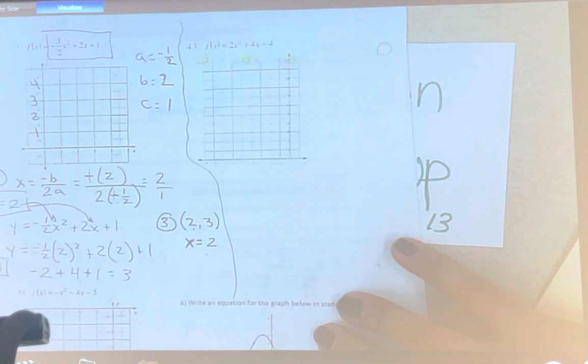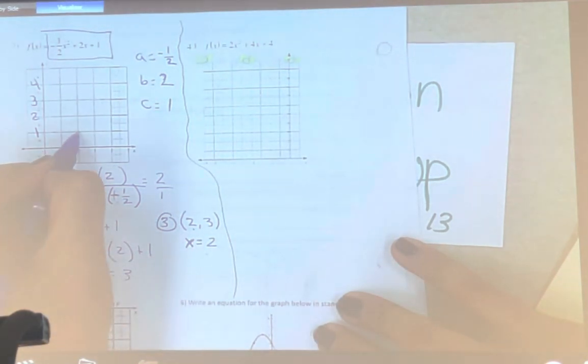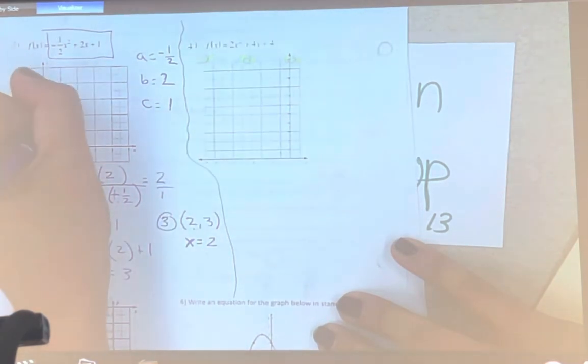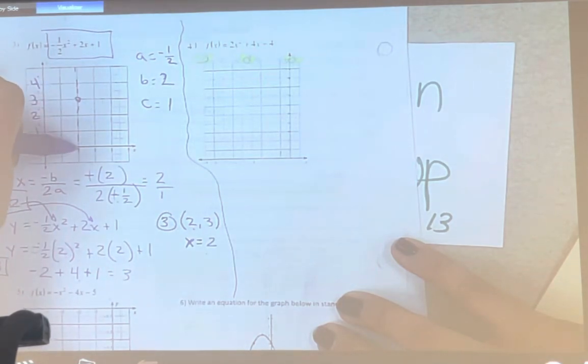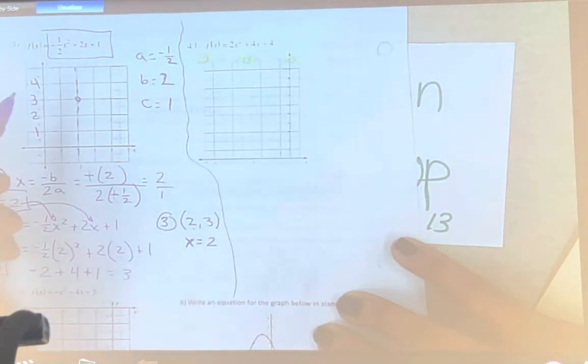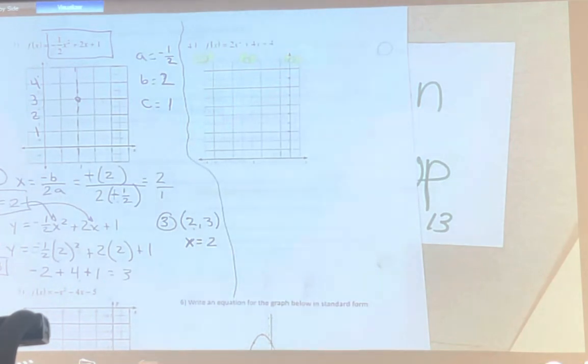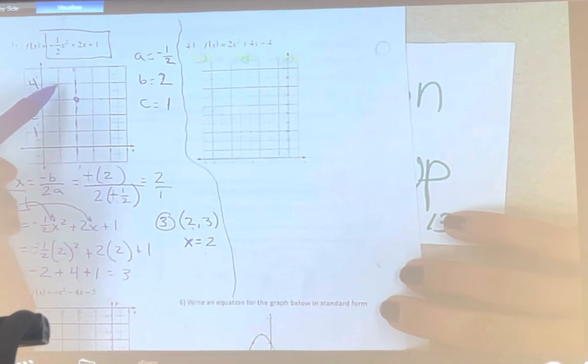So it's 2, 3. Axis of symmetry, straight here. That's because I put 5 instead of 4. And then is this going to be smiling or frowning? Is it positive or negative? It depends on the math. It's negative. So, and what is my y-intercept?